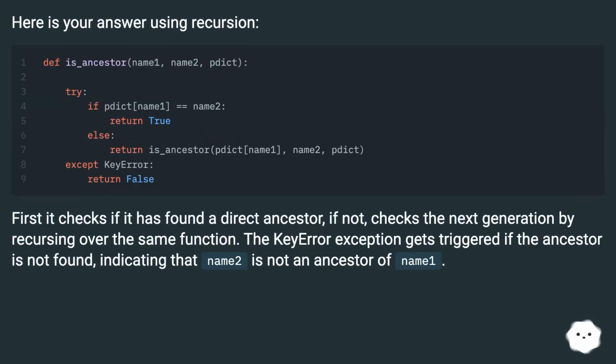First it checks if it has found a direct ancestor. If not, it checks the next generation by recursing over the same function. The KeyError exception gets triggered if the ancestor is not found, indicating that name2 is not an ancestor of name1.